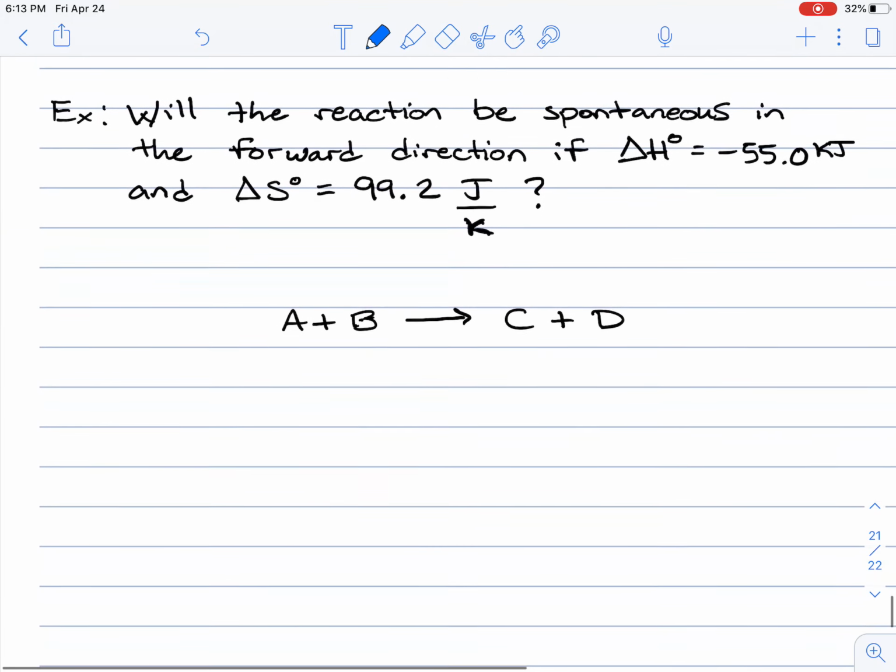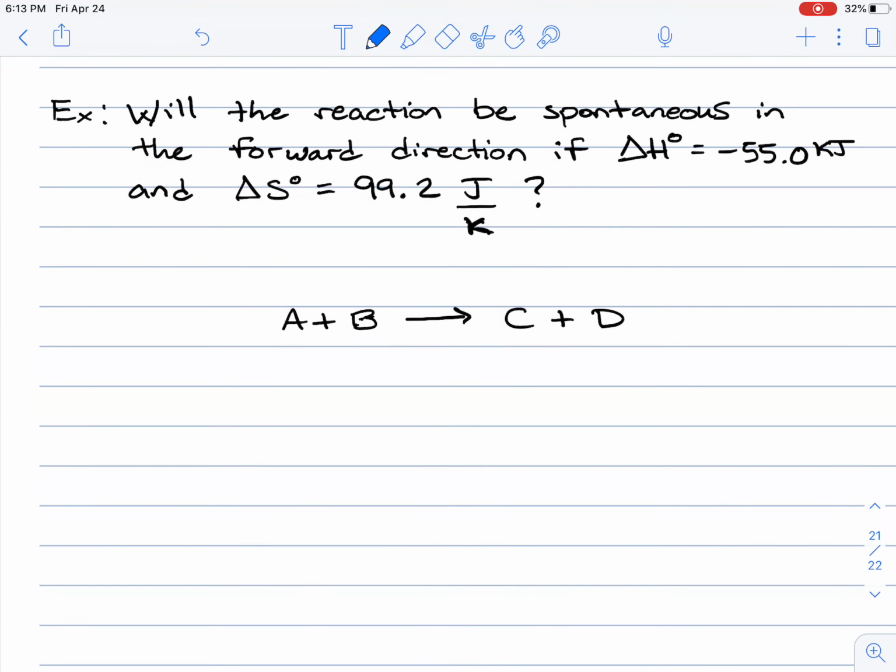All right, so for the next example, will the reaction be spontaneous in the forward direction if delta H is negative 55 and delta S is 99.2? And so once again, there's no temperature that was given to us.